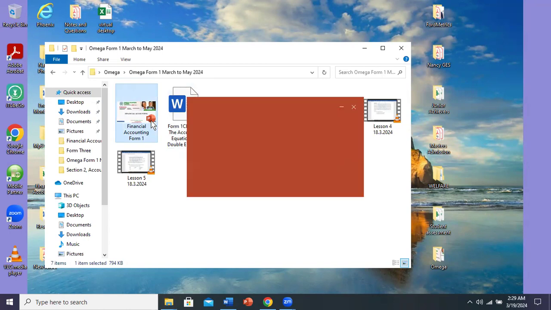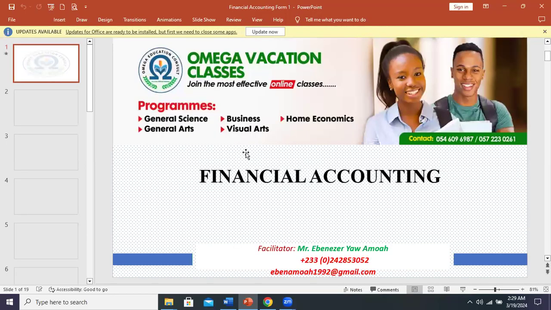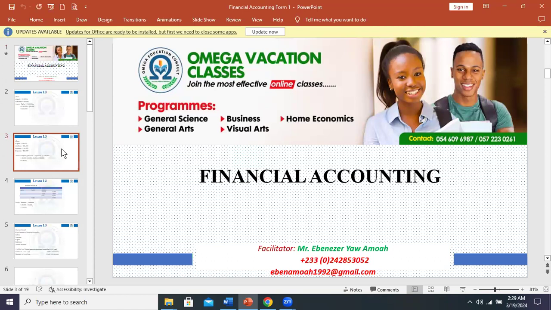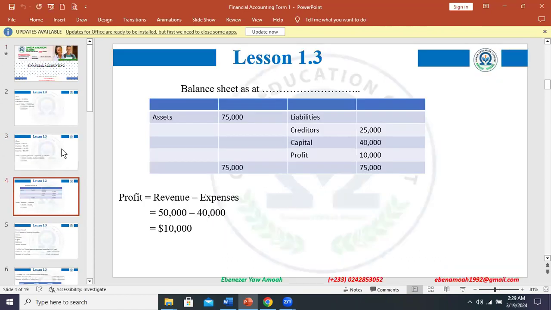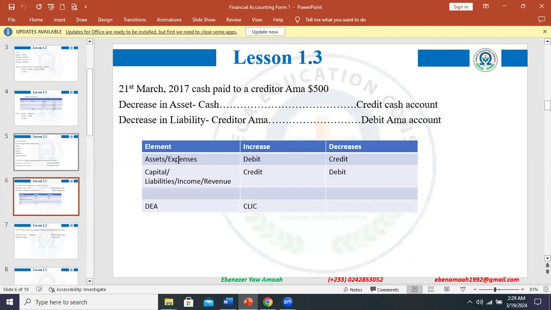So the double entry principle was designed by Luca Pacioli, and for that matter, Luca Pacioli is the father of accounting, financial accounting. Okay, so Sir Smith, we did this summary yesterday regarding the double entry principle for the 5 elements of accounting. So this is the table for us.